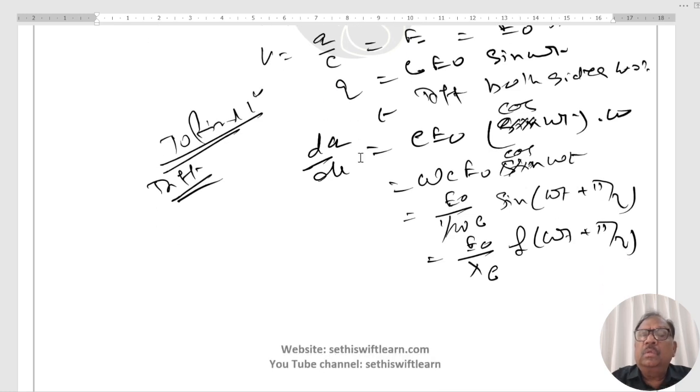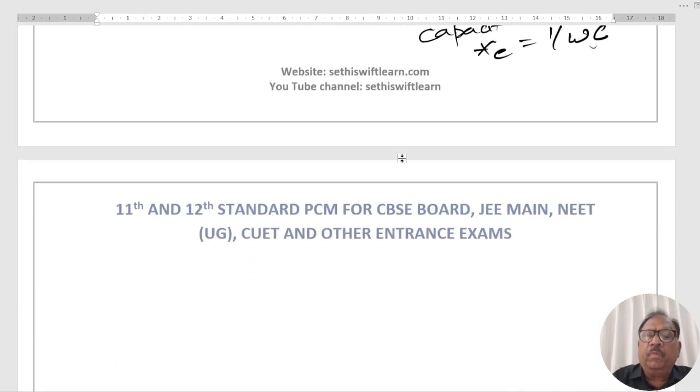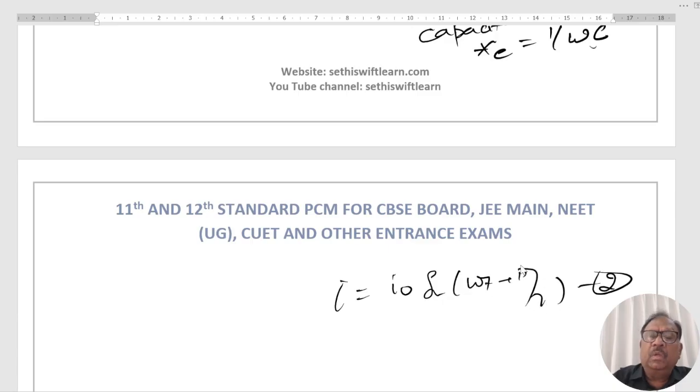Now this comes out to be I. Xc is the capacitive reactance, capacitive reactance Xc equal to 1 over omega C. This comes out to be I equal to I naught sin of omega t plus pi by 2. So this is equation 2.